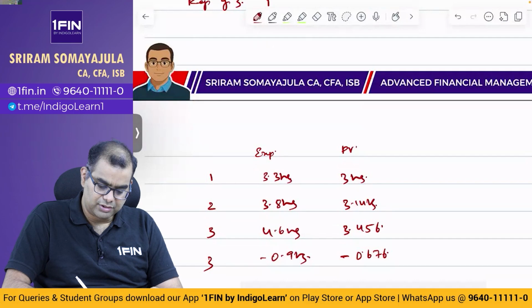So downside risk is equal to 1060 minus, not 960, 940. 940 is the straight value, divided by 1060, from where it is falling. So which is how much? 120 by 1060. That will be 11.32%.